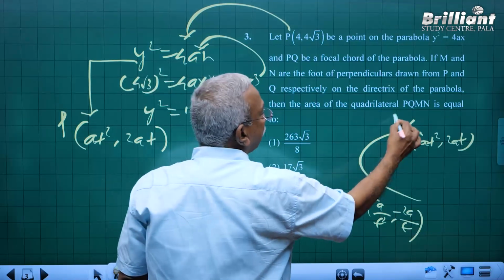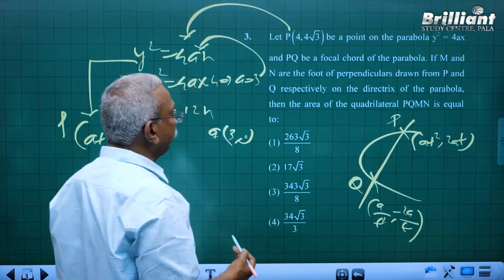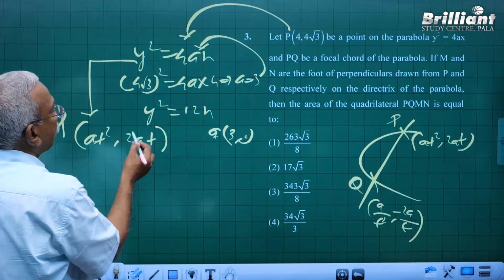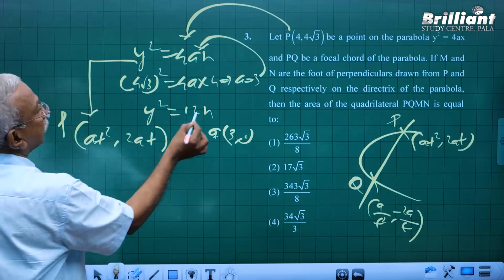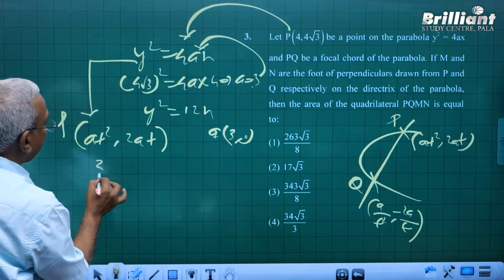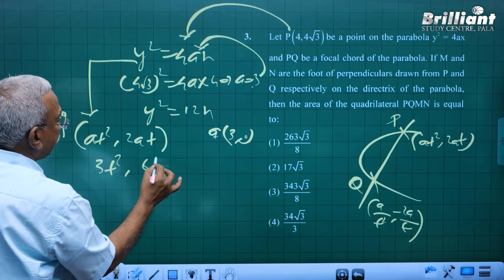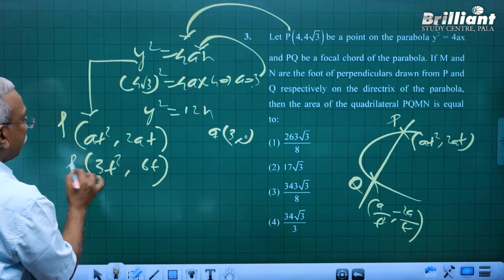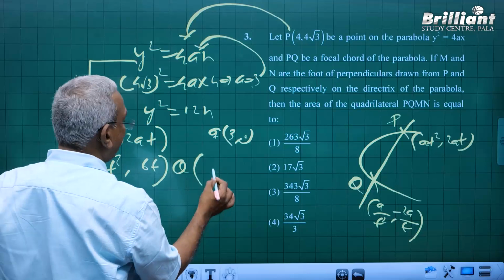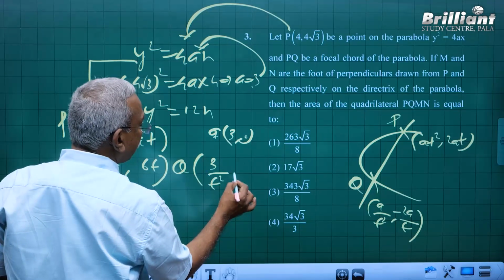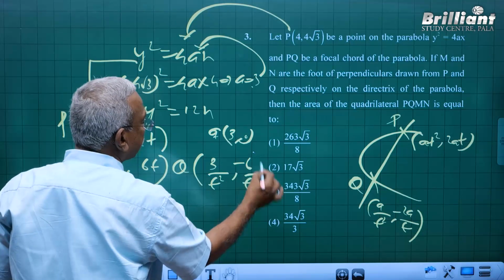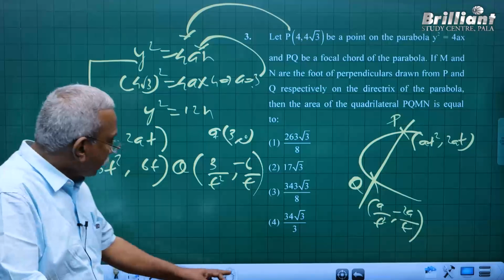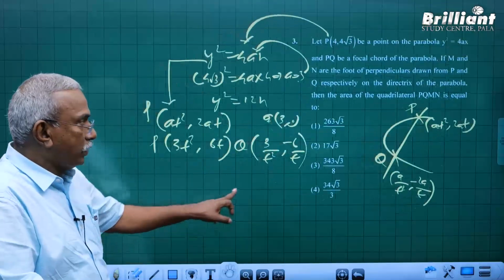If it is P, this is Q. This is the condition. So here a is 3, so P is 3t square, 6t. Then what is Q? Q is equal to 3 by t square, minus 6 by t. These are the conditions. So you just find what is the t corresponding to the given point.